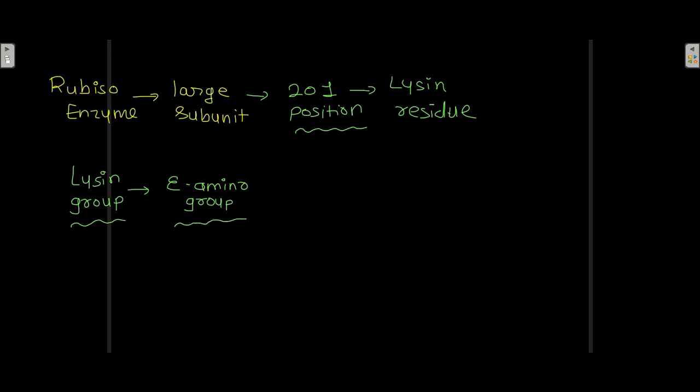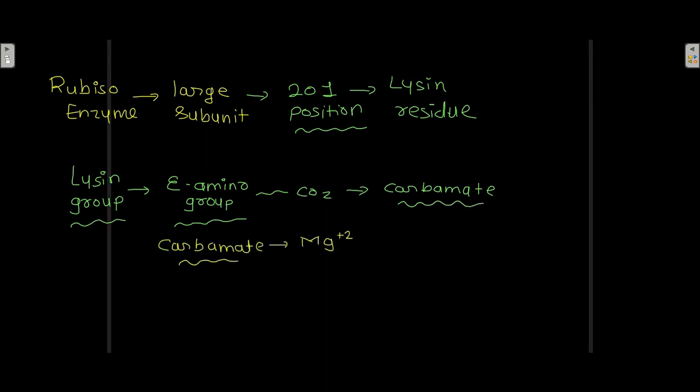And when this epsilon amino group reacts with carbon dioxide, then carbamate is formed. This carbamate binds with Mg2+. And when all of this happens, the RuBisco enzyme is active.